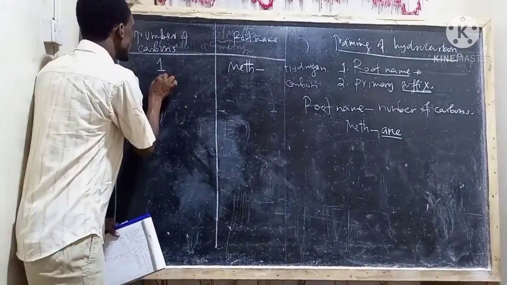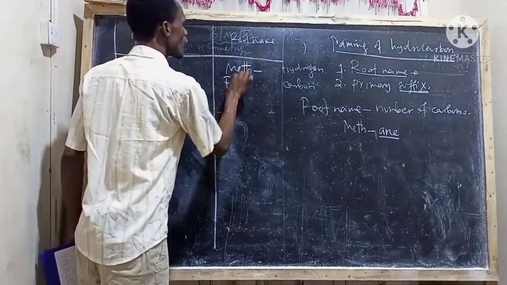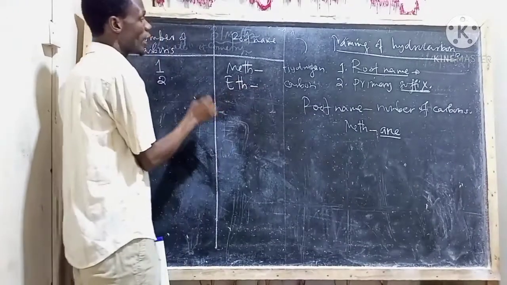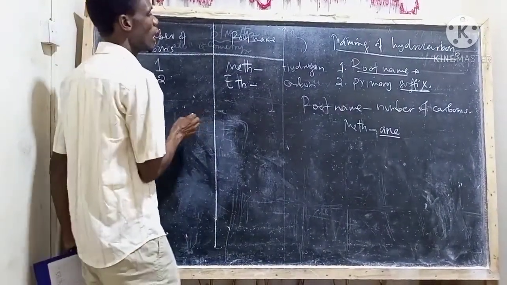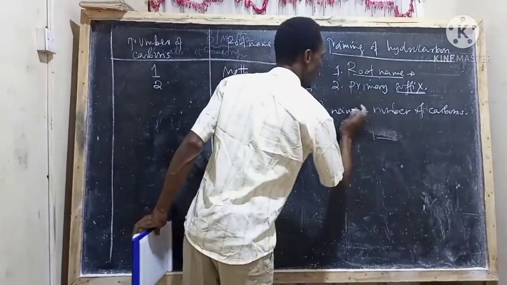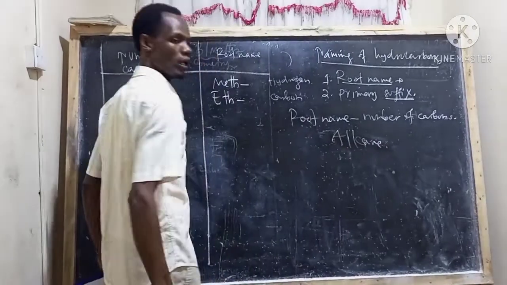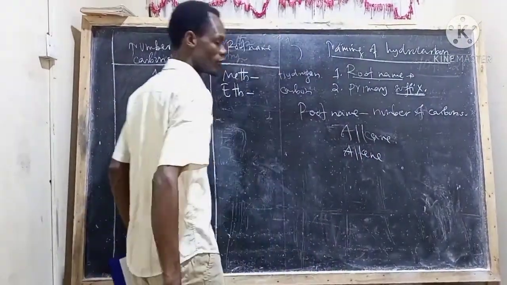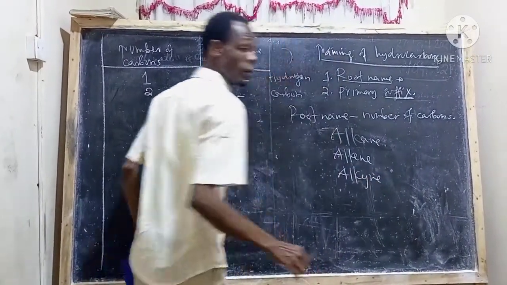If you're talking about two carbons, we call it eth. This is applicable to every member of hydrocarbons, whether you're talking about alkane, alkene, or alkyne.